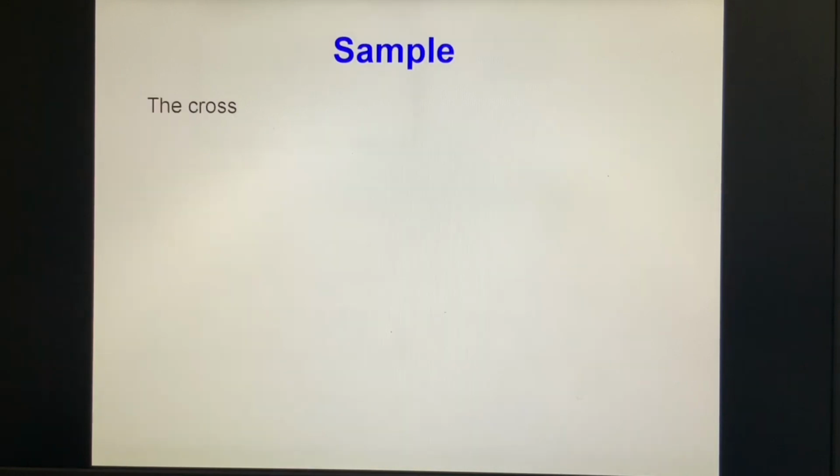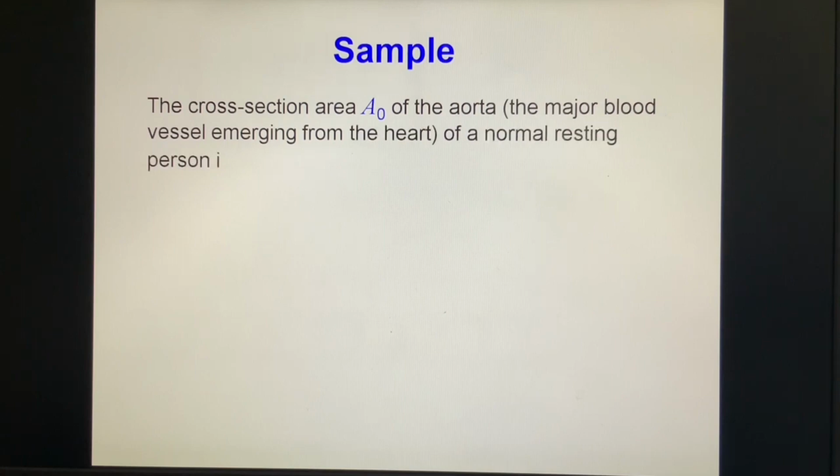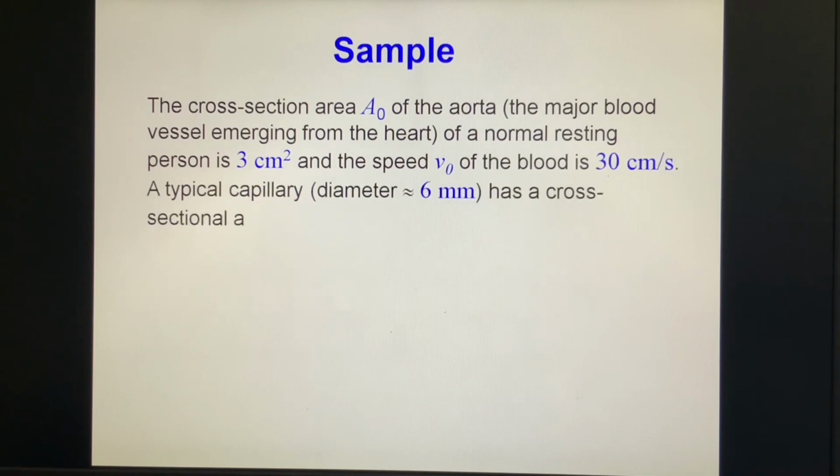Sample. The cross-section area A0 of the aorta, the major blood vessel emerging from the heart of a normal resting person, is 3 centimeters squared, and the speed v0 of the blood is 30 centimeters per second.